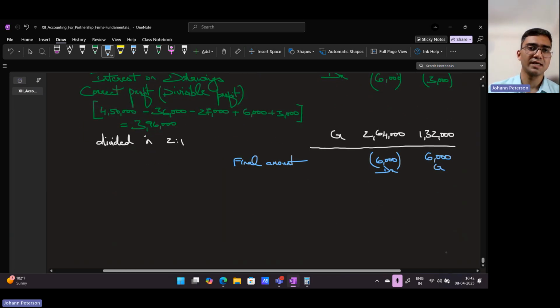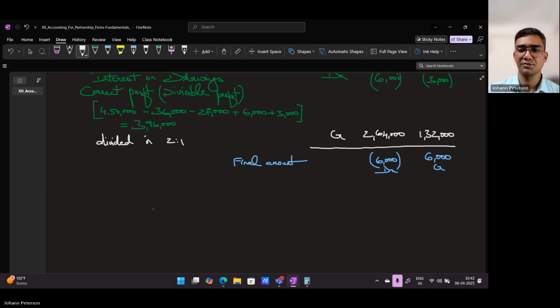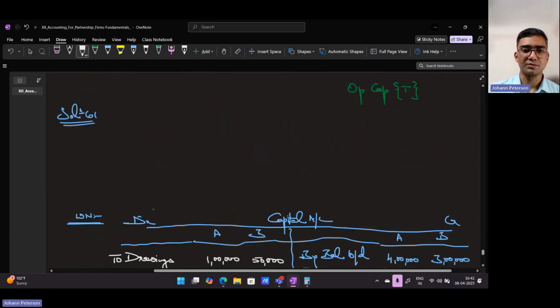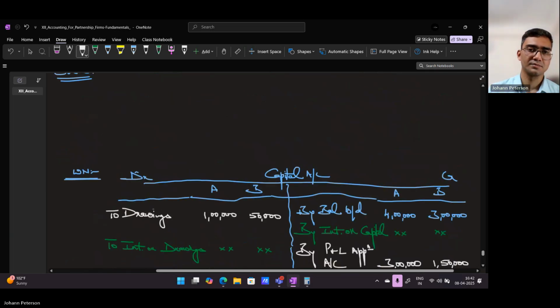So our final entry is, we have to write it on top. So A's capital account debit to B's capital amount is 6,000.